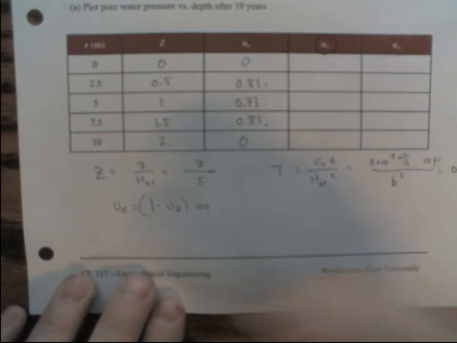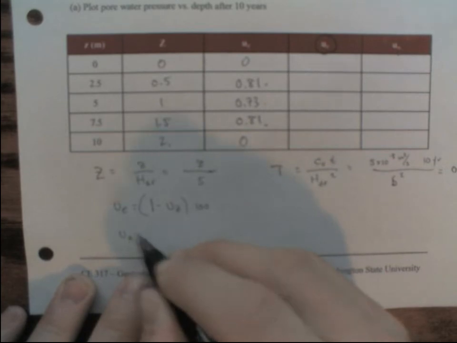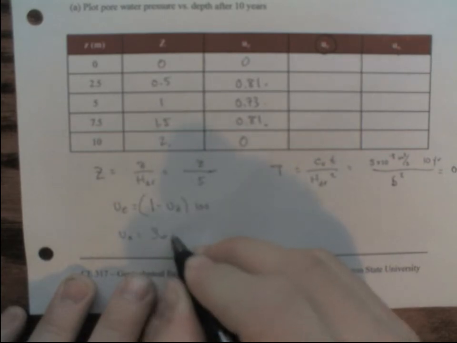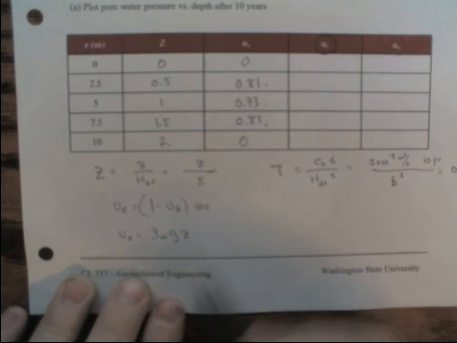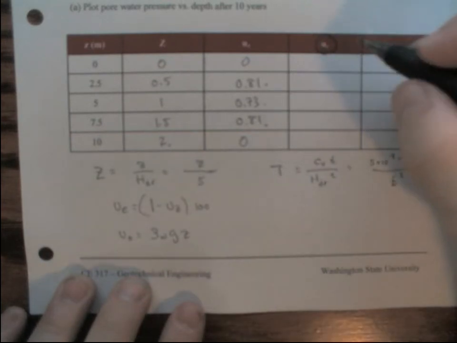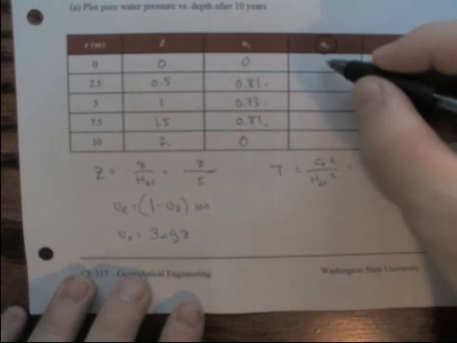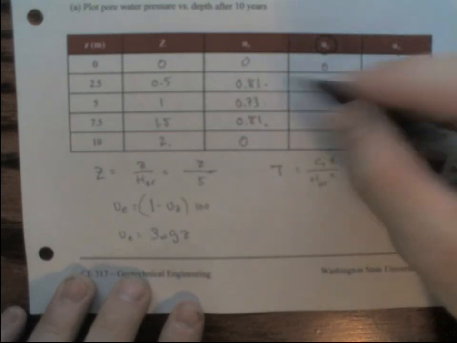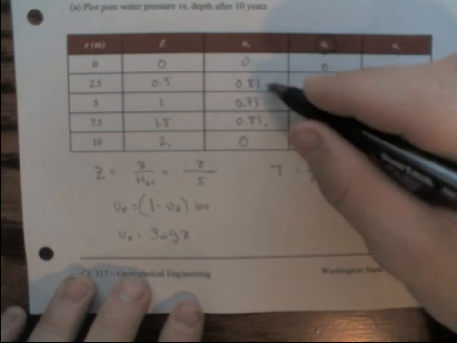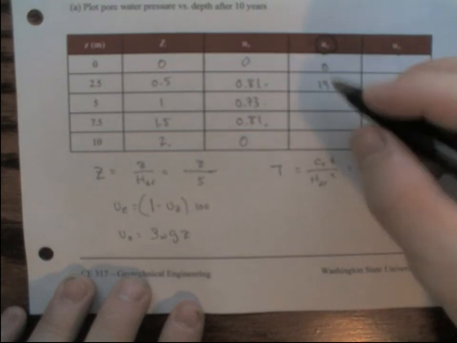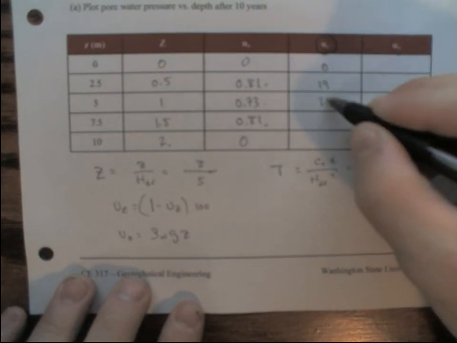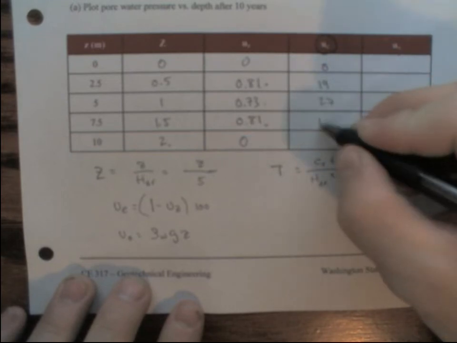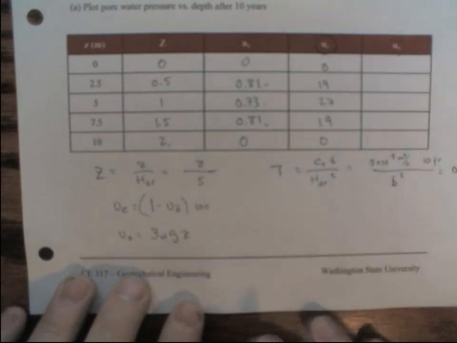And I will say that this other one, U naught here, is equal to rho W G Z. So this is basically just our static pore water pressure at various depths. When we plot this out, you will see that at these different points, 0, 19, that 19 corresponds, if I take 0.19 off of this value and multiply it by 100, it's going to give me my pressure there. 27, 19, and 0.